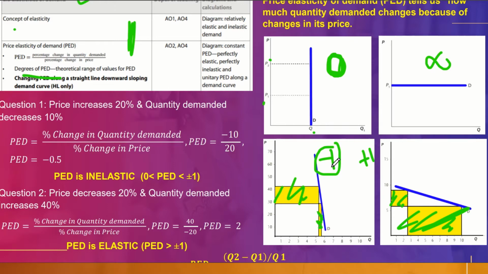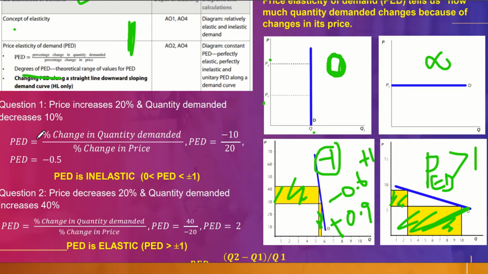If it is greater than -1 and less than 1, in between, it will fall there. Say -0.6 is an example, or +0.9. These are said to be inelastic demand. And for elastic demand, the PED value will be greater than 1. Right, the PED value will be greater than 1. Whether it is negative or positive doesn't matter.